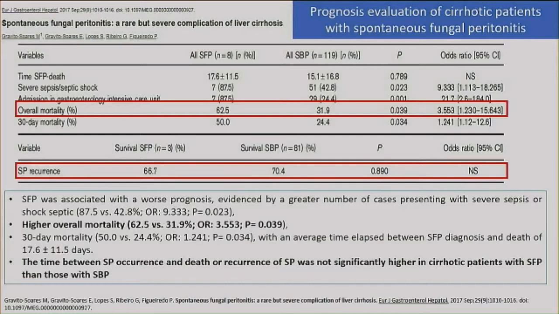And after the treatment succeeds, the spontaneous peritonitis can recur. This is also a problem in patients with liver cirrhosis, and the recurrence is quite high in patients with fungal infections.